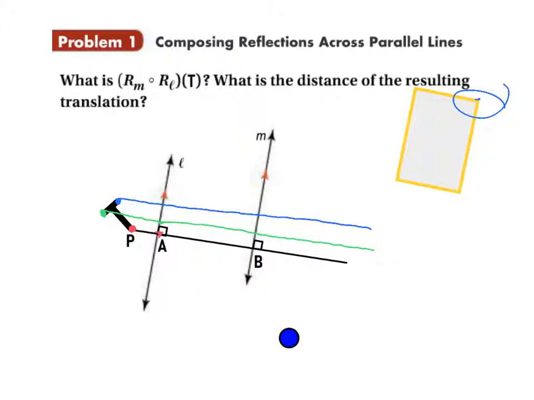I'm going to do that with each one of my points. So I'm putting the point at A, seeing how long that is, copy that measurement over here. Do it with the green line. Put your point right here, measure how far that is, copy that distance over here. Do it again on the last one. Put your point right here, measure how far that is, copy that distance over here.